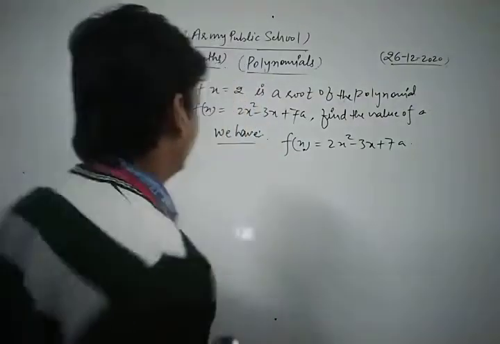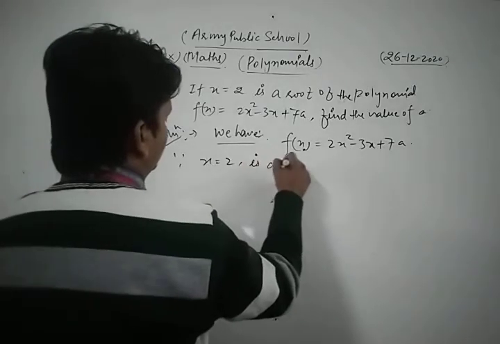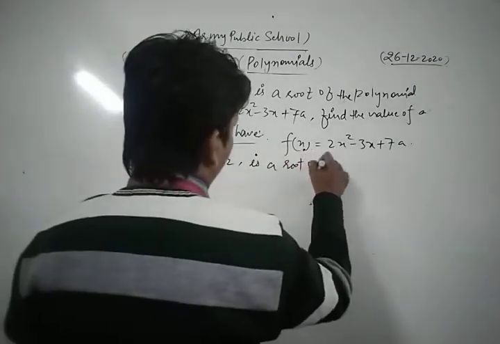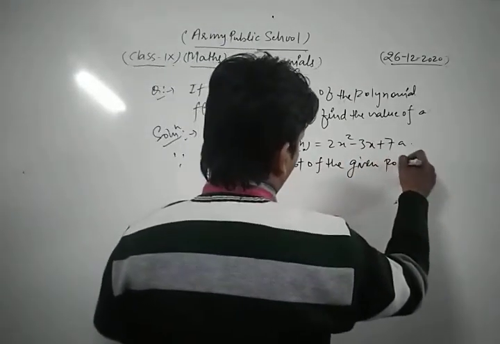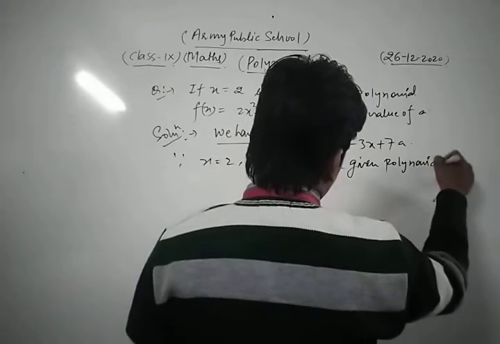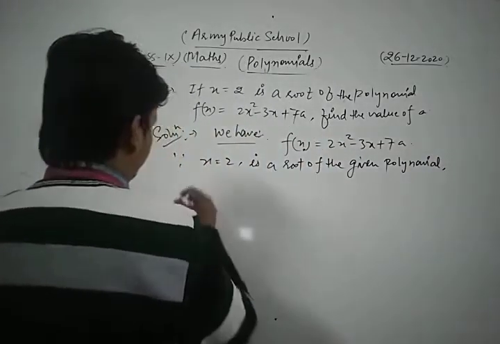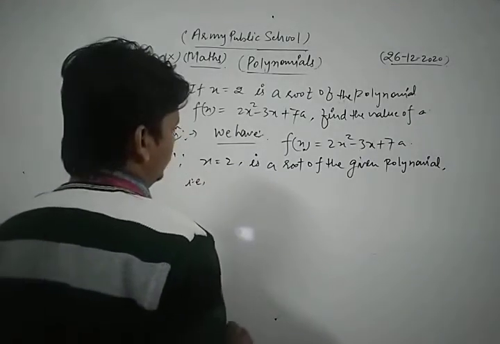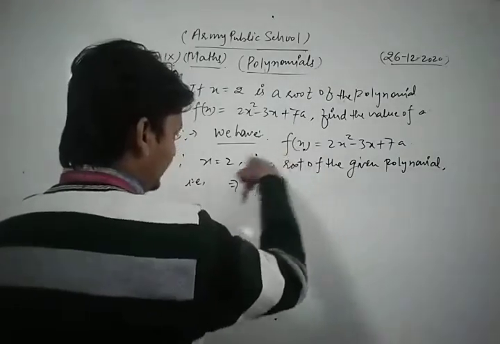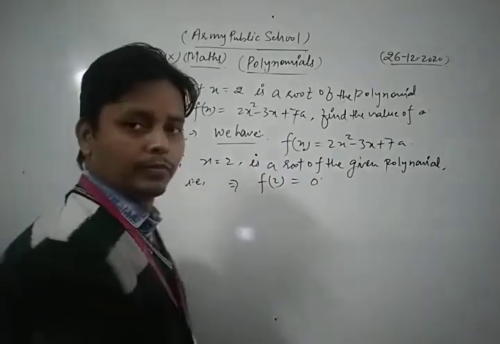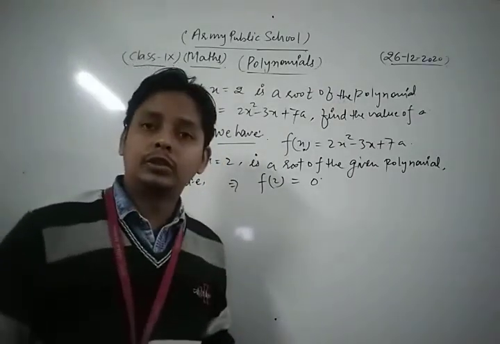Okay. Now let's see. Since here x is equal to 2 is the root of the given polynomial, the value of f of 2, the value of the given polynomial at 2, becomes what? 0, right? Why is the value of the given polynomial at point 2 equal to 0?